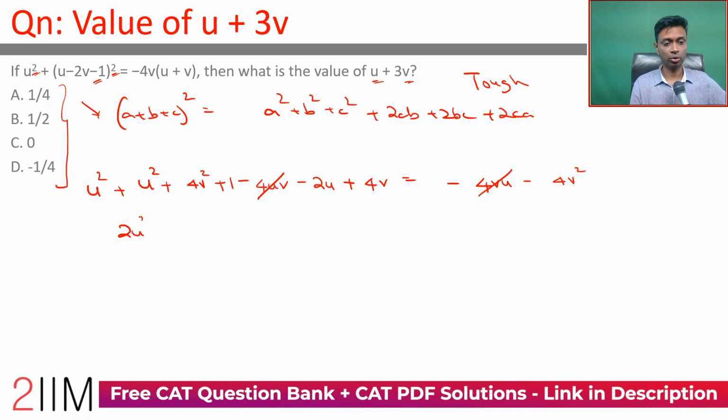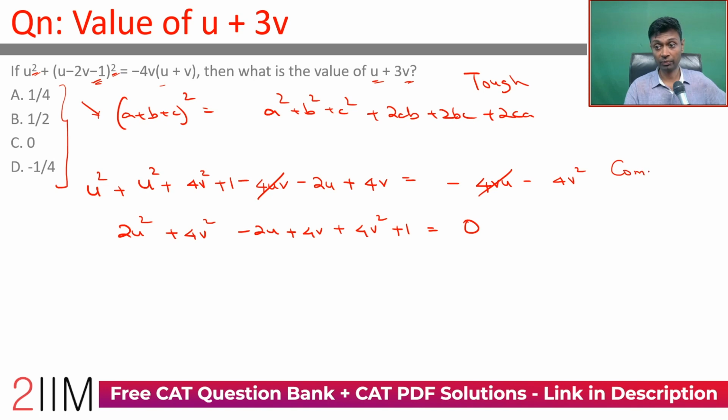So this is 2u square plus 4v square minus 2u plus 4v plus 4v square plus 1 equal to 0. I'm bringing everything onto the same side. And so now the interesting part here, the moment you see this and see the choices, you've got to have a sense of the method. The method here is completion of squares.